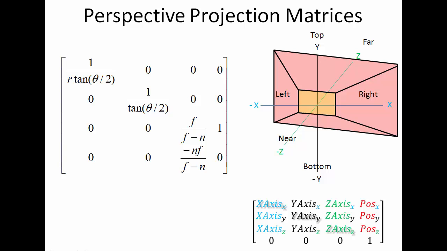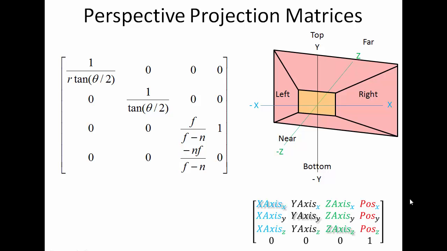The further away they are, the smaller they're going to appear, and the closer they are, the more they're going to move to the center, and the further away they are, the more they're going to move out to the edges. And that will draw things in perspective so that they actually appear to be 3D, and we'll get a 2D drawing that looks 3D using the perspective projection matrices. And then over on the left side here, we show the math of how that's done.